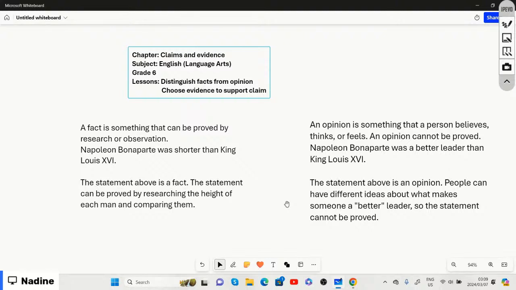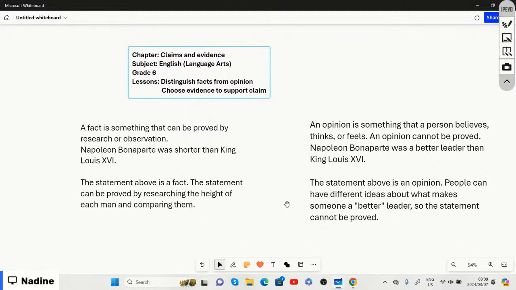So if you can research something, or speak to someone about something and they agree to it, then that is a fact. If people are not agreeing to it, like there's hesitation and one person says no, then that is not a fact.